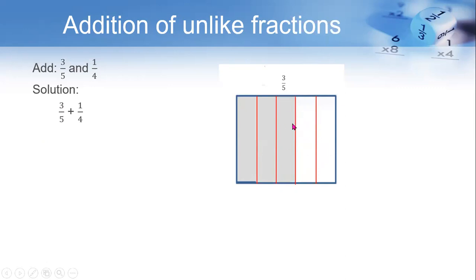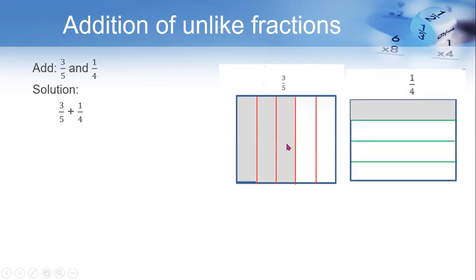That means this figure is sliced into 5 parts and 3 of them are shaded. And for 1/4, the same size figure is sliced into 4 parts and one of the parts is shaded.